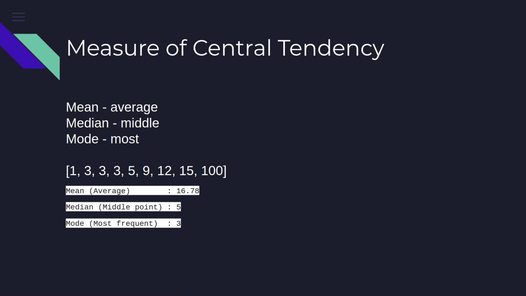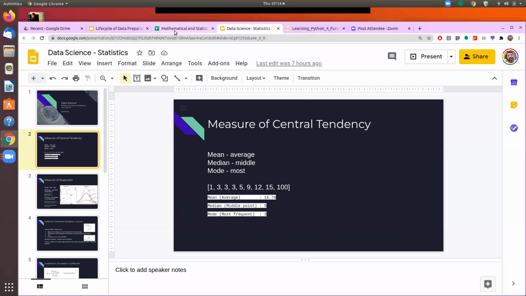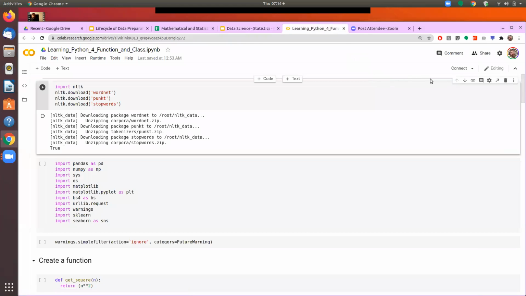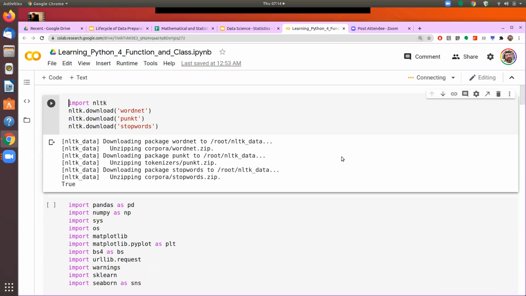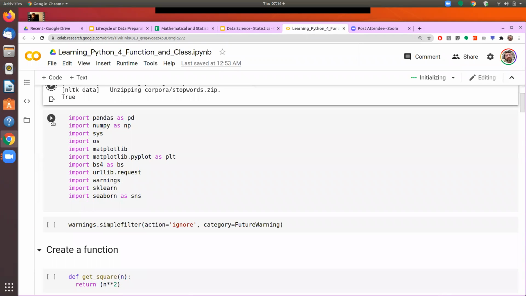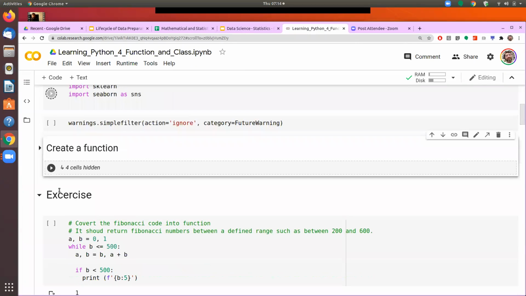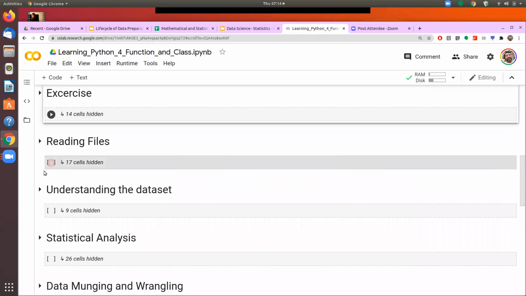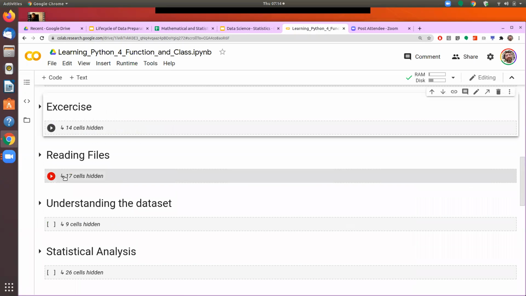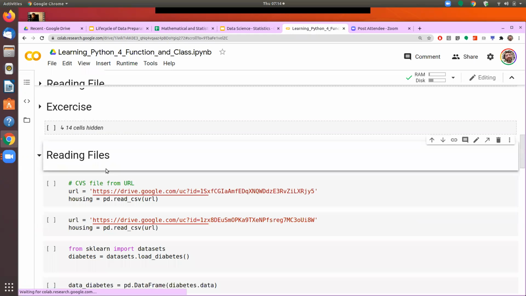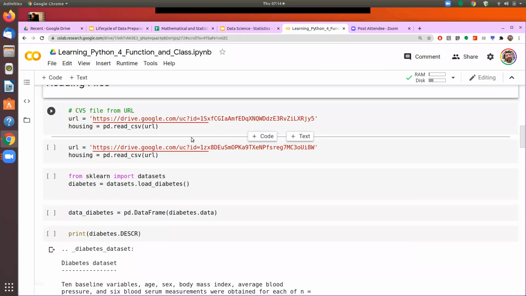So let's go to the worksheet. Work again with the housing data set.